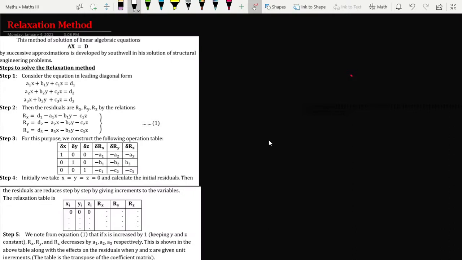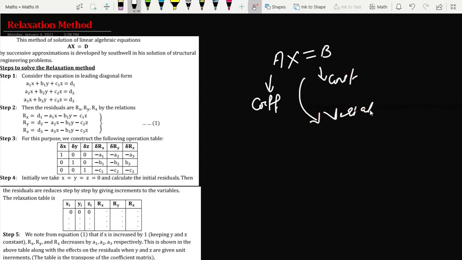In today's lecture, we will discuss the solution of simultaneous equations, also known as linear equations, by using the relaxation method. Suppose we are given an equation of the form ax = b, where a is a coefficient, b is a constant term, and x is a variable, known as the unknown.